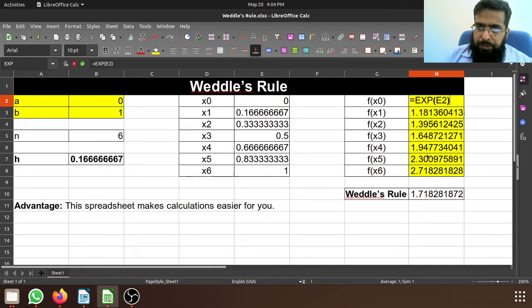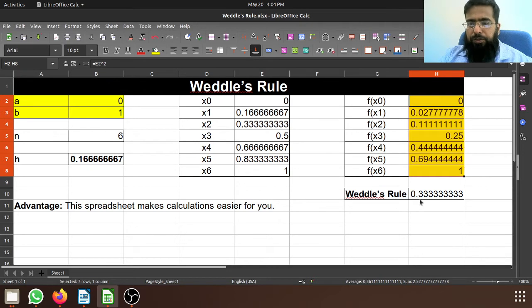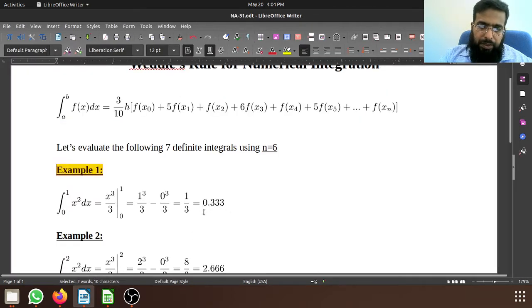These are the sub intervals we discussed last time. Then we copy this formula for all cells, and we reach an answer of 0.333, and this answer is the same as the exact answer we have computed using normal integration.